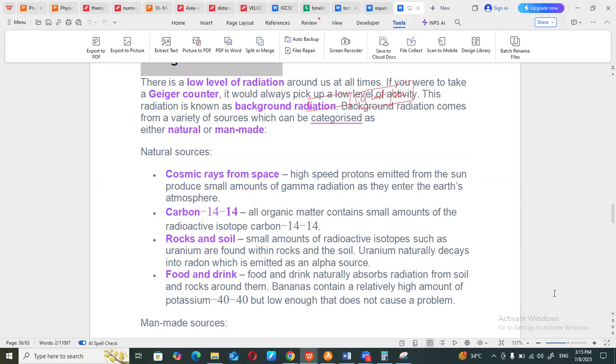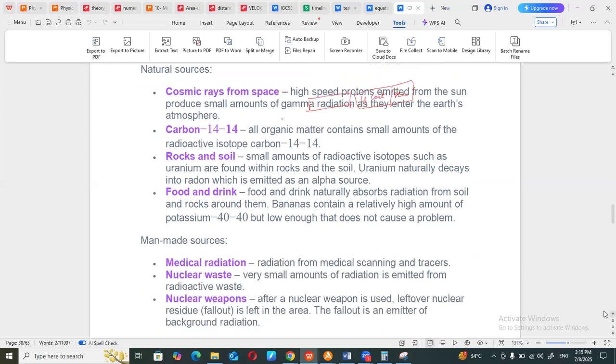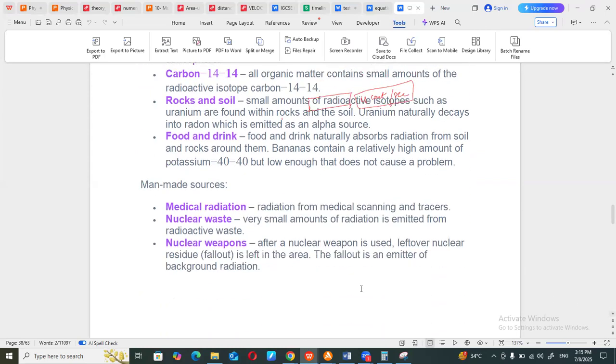Then we have food and drink. Remember that background radiation is also in the food and drink. Like a banana contains a relatively high amount of potassium-40, but low enough that it does not cause any problem. There are man-made sources as well, like medical radiation from medical scanning and traces.